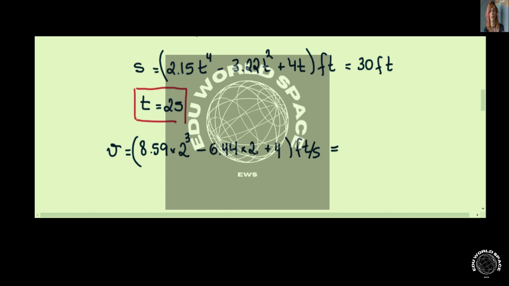So the speed v is 59.8 feet per second, which I'm going to approximate by 60 feet per second, which concludes our exercise.